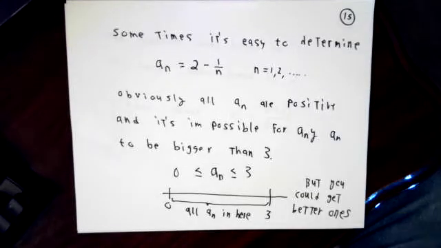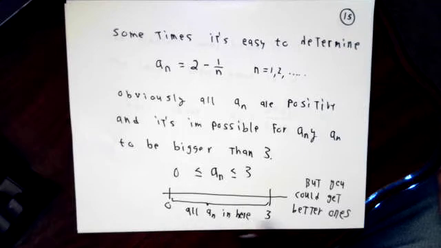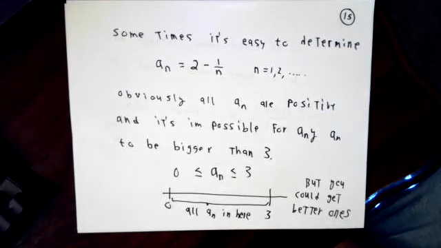So if you were much looser than you needed to be, it still would be true to say that all of the a sub n's lie between 0 and 3, but obviously this interval is bigger than it needs to be. If you're just concerned with getting bounds, though, 0 and 3 would work just as well as the bounds on the previous page.